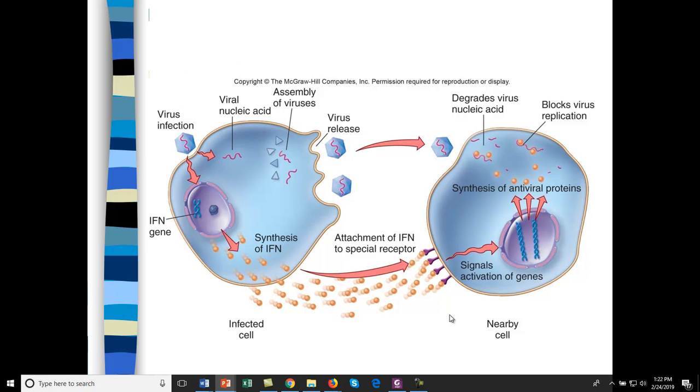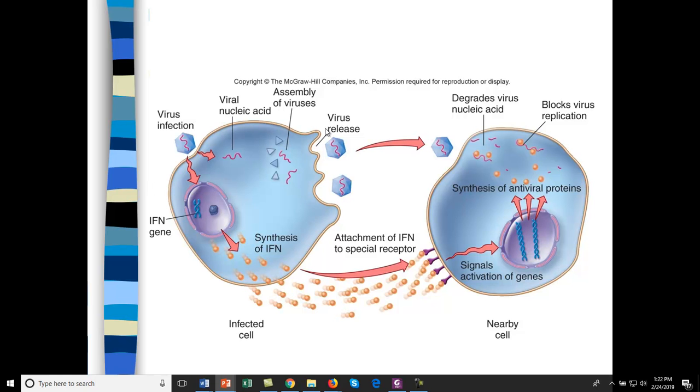Okay, and here is the way that interferon can be stimulated. Here you've got a cell that is being invaded by virus. Okay, and this cell is infected. It will probably be sacrificed by cytotoxic T cells.